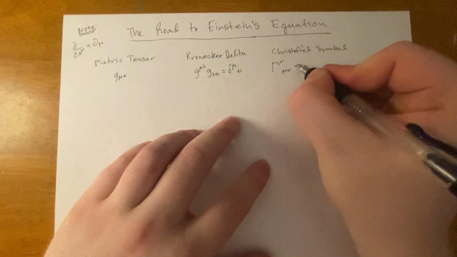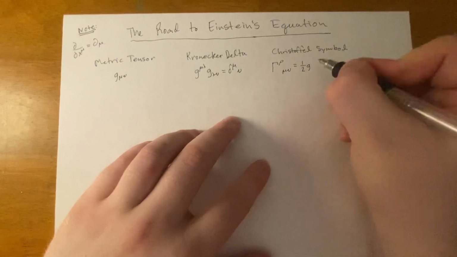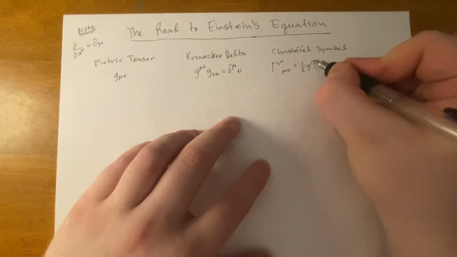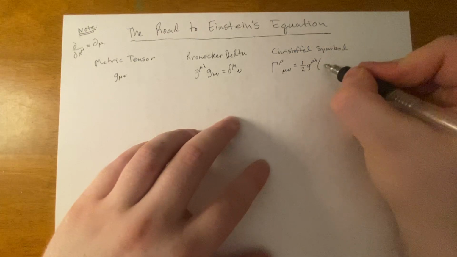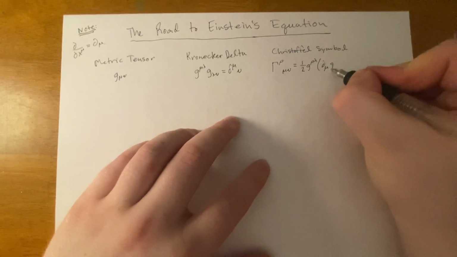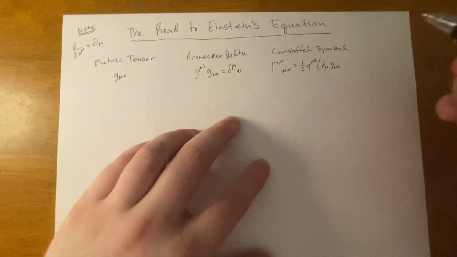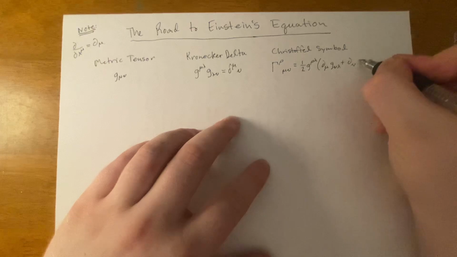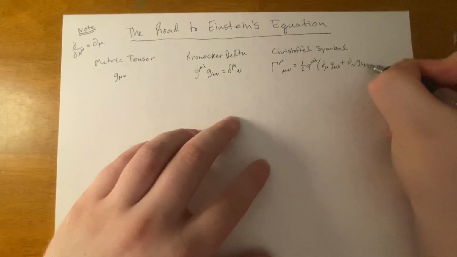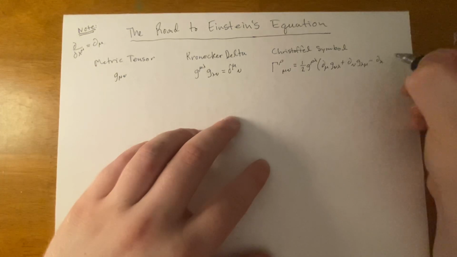Okay, so this is equal to 1/2 the inverse metric, and then you have partial sub mu minus partial with respect to lambda of mu.